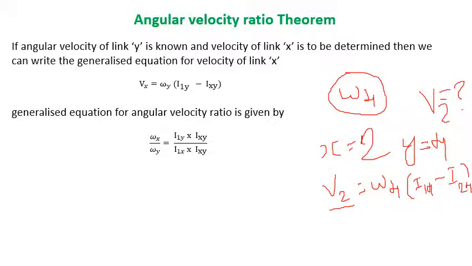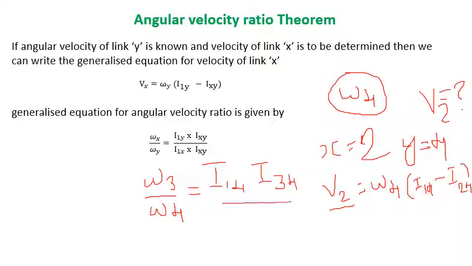Similarly, for this equation, omega 3 by omega 4, suppose x is 3 and y is 4, then I14 into I34 divided by I13 into I34.